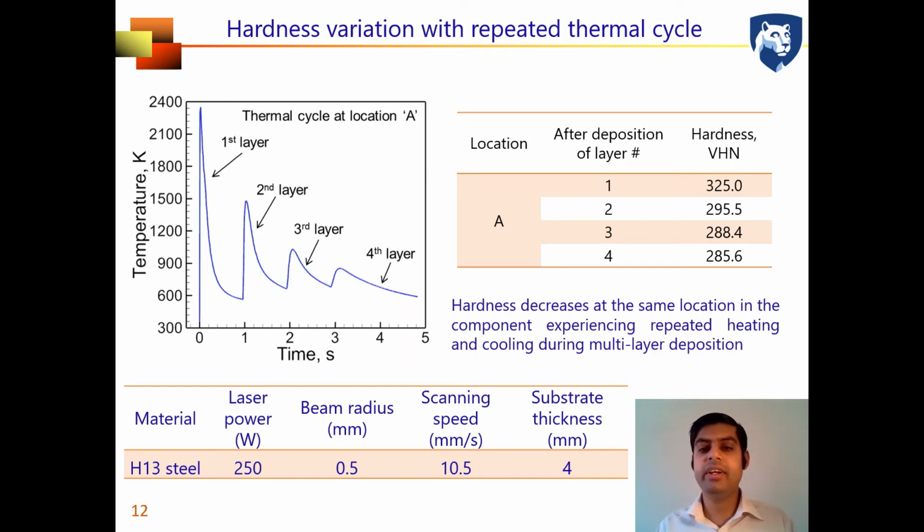Hardness will eventually drop more as we deposit the third layer and fourth layer, because the reheating and recooling during the deposition of third layer and fourth layer will transform more martensite into ferrite and carbides. So hardness at the same location can decrease as it experiences more number of thermal cycles during deposition of multiple layers.